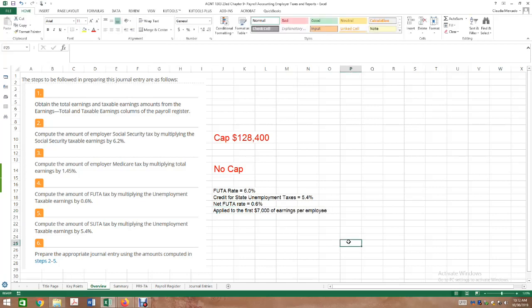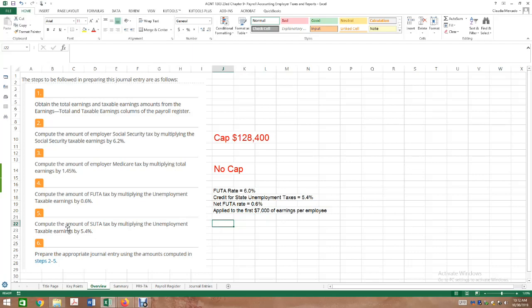So here we're going to be looking at an employee level, and on the first $7,000 of every employee, whatever they make, we're going to pay federal unemployment taxes of 0.6%. So we need to keep track of how much each employee has earned. Once they go above the 7,000 mark, then we're not responsible to pay any more FUTA tax. Only on the first $7,000.